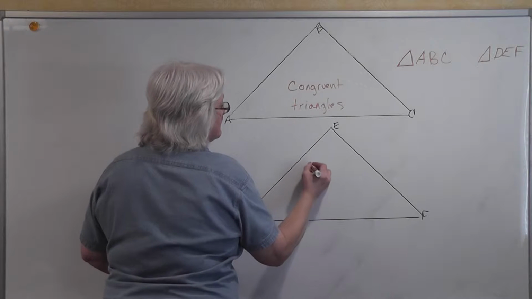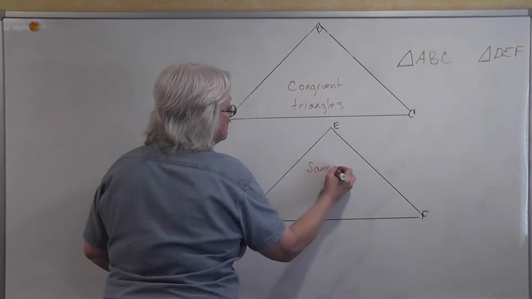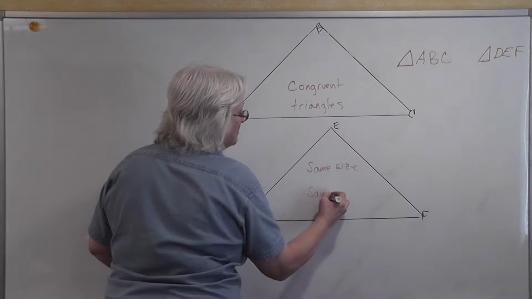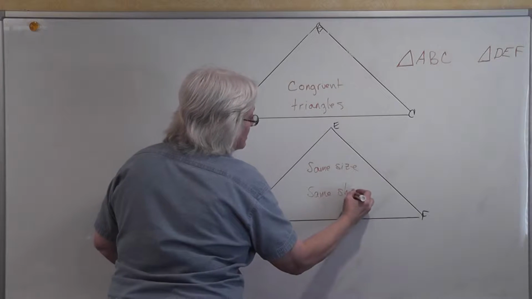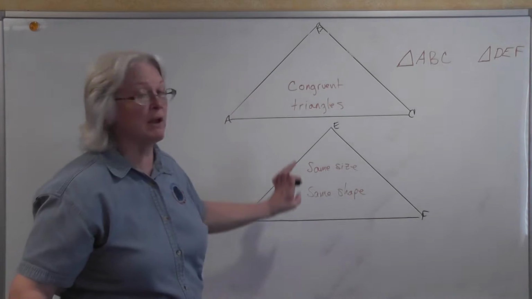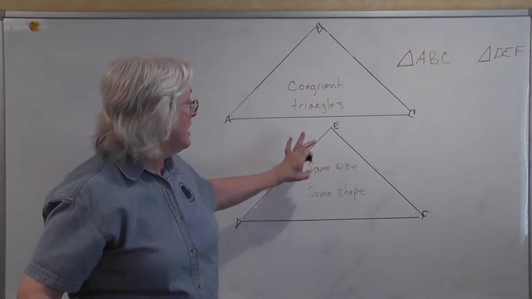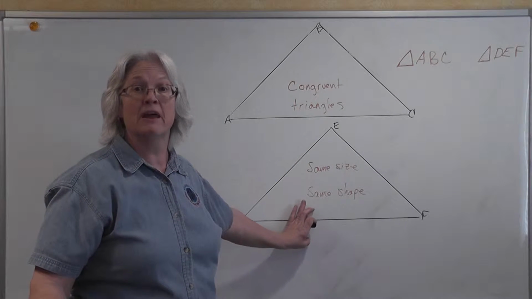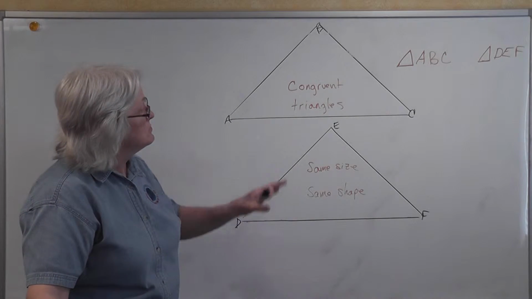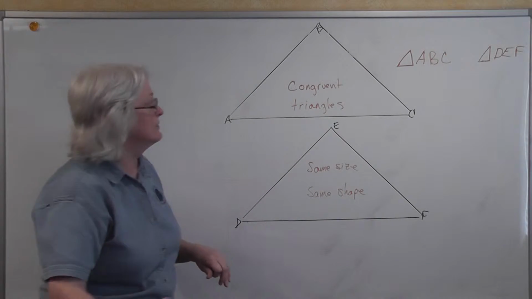Congruent triangles have the same size and they have the same shape. They may be oriented differently. These happen to be oriented in the same way, but they're going to have the same size and the same shape. And when they have that same size and the same shape, we say that those are congruent triangles.